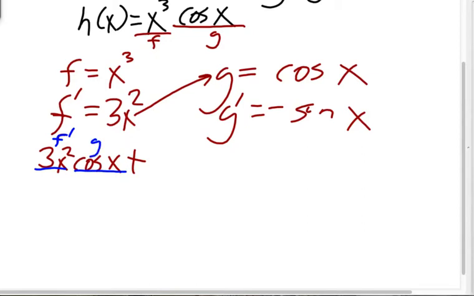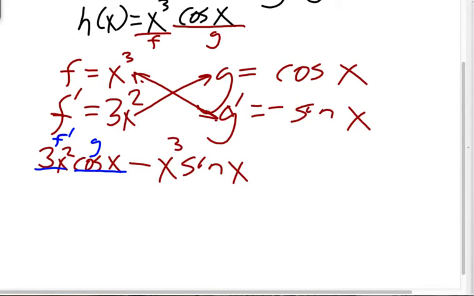Then plus, now I know I have to do g prime, which is right here, times f. So I've got a minus, which means that the plus is going to go away, and it will become a minus. And I'm going to put my f first. So it will be x cubed sine of x, which is the cross product between these two terms right here. Okay, so there's my derivative.